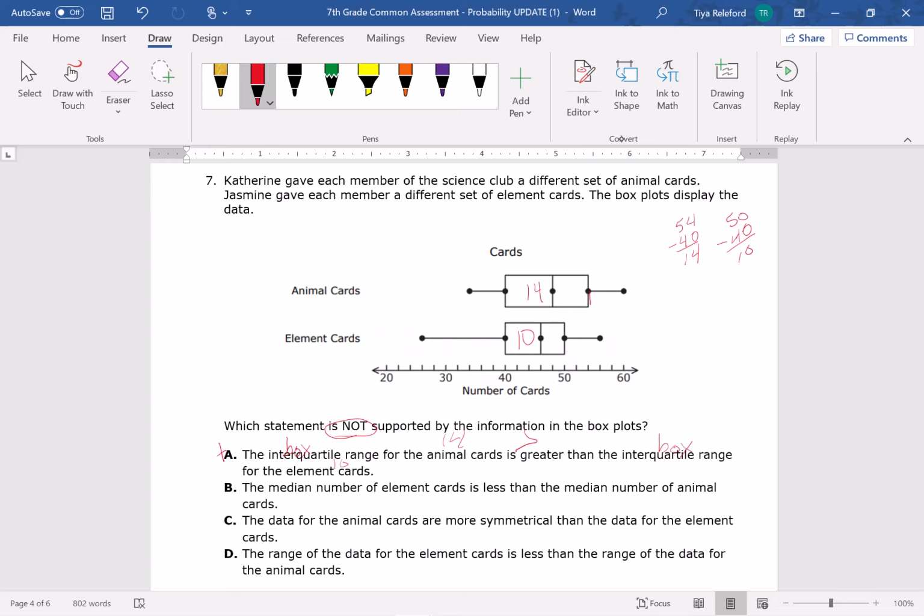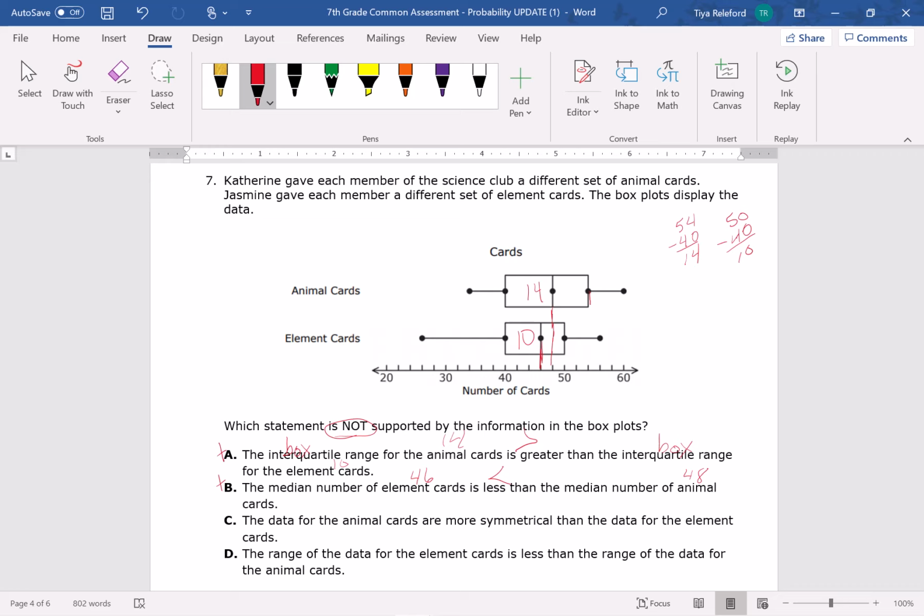The median number of element cards, median is middle, 46, is less than the median number for animal cards, which is 48. Yes, it is true. The data for animal cards are more symmetrical than the data for the element cards.